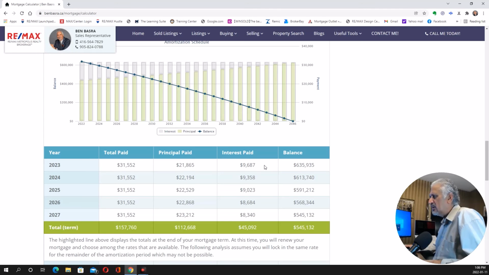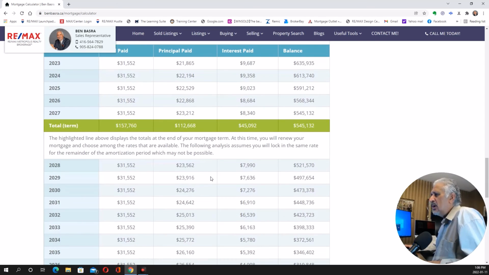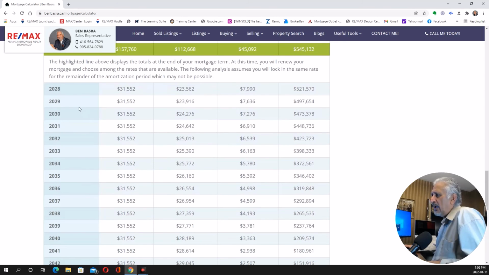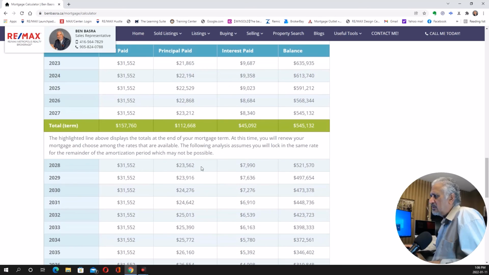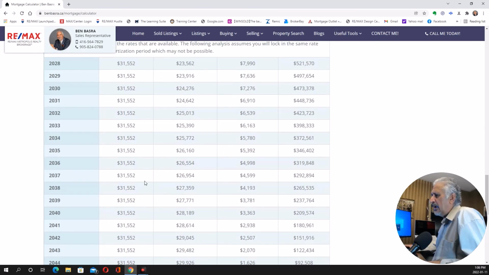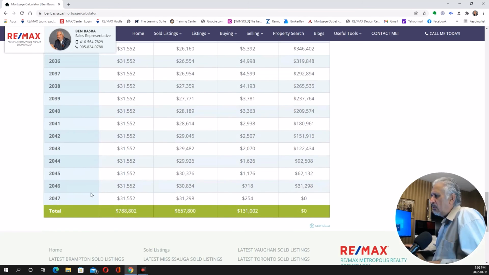You can see here, interest is less, more is principal, because interest rates are pretty low. That's why a majority of your money will go against your principal amount. The same way you will know every year how much you're paying on the principal, how much you're paying on the interest, and eventually when your property will be totally paid.